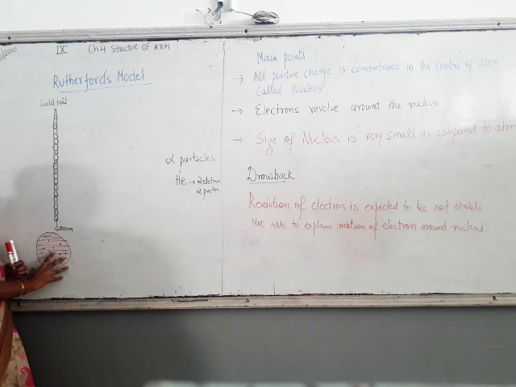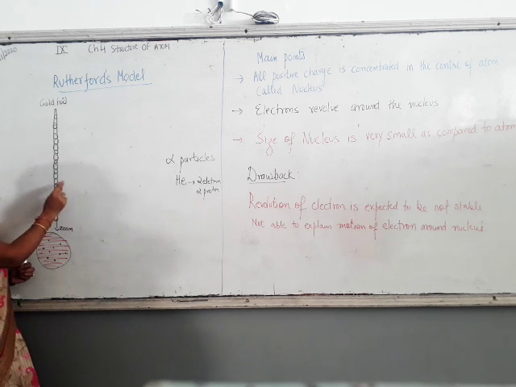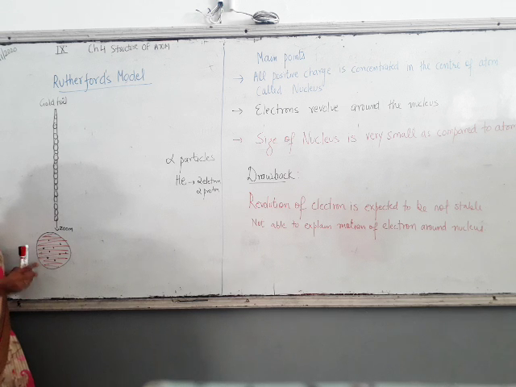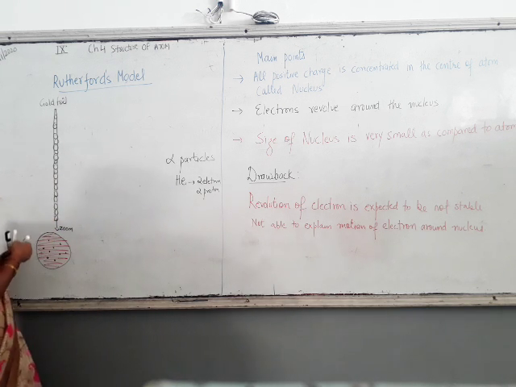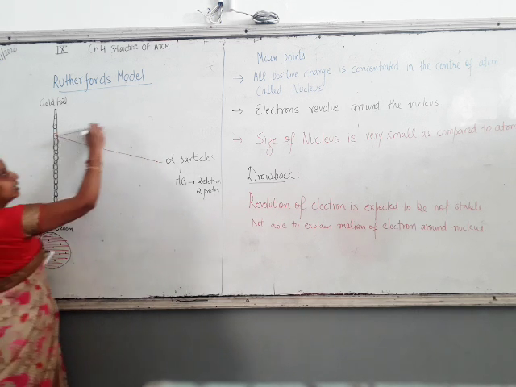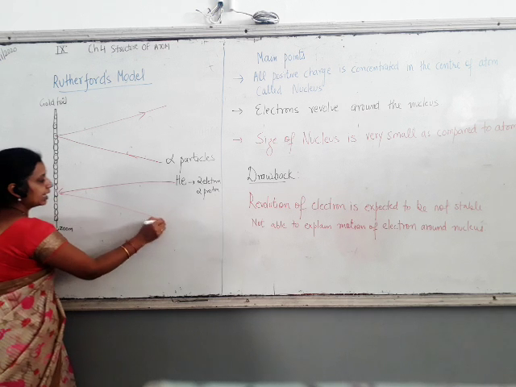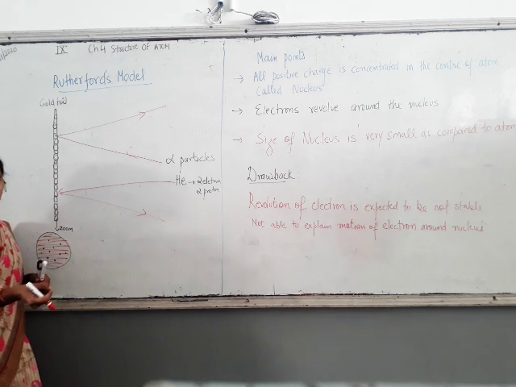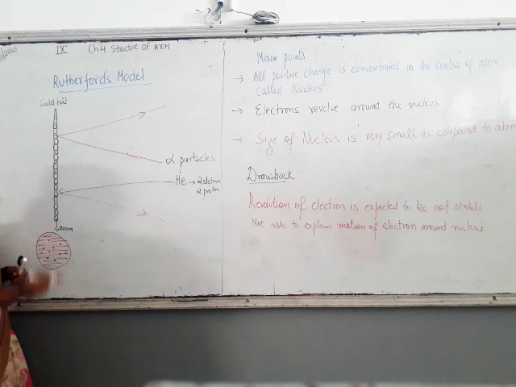According to this model, when alpha particles strike this thin gold foil, most of them should get scattered in this direction. It should come here and get scattered, fall here and get scattered, and very few which strike over this electron may pass through it.